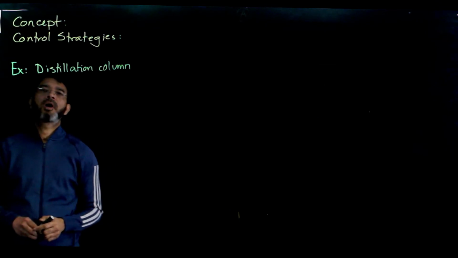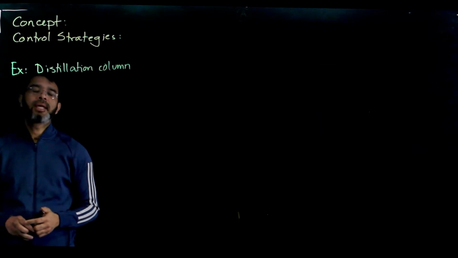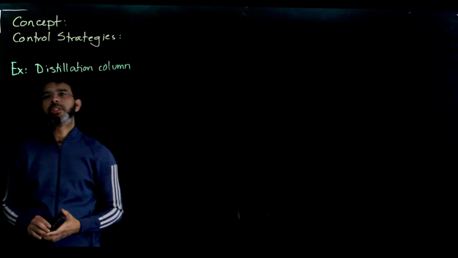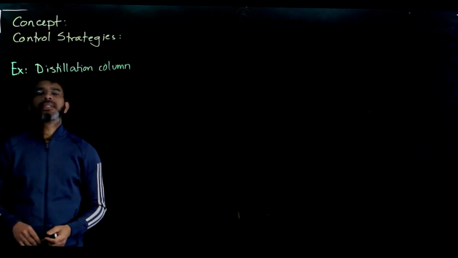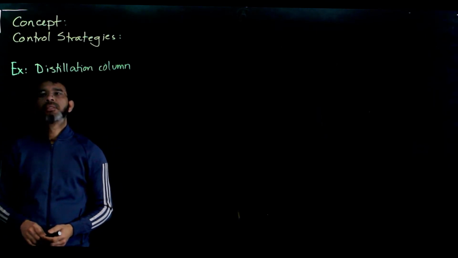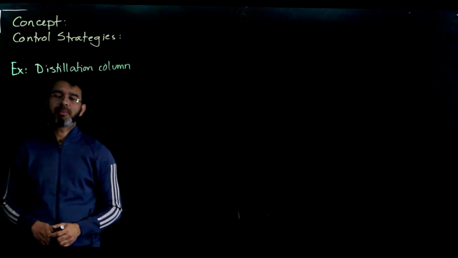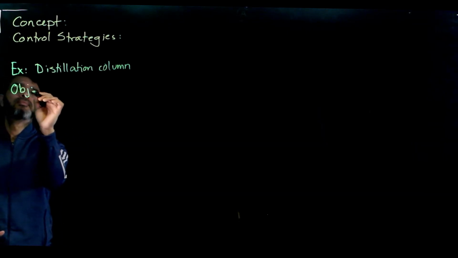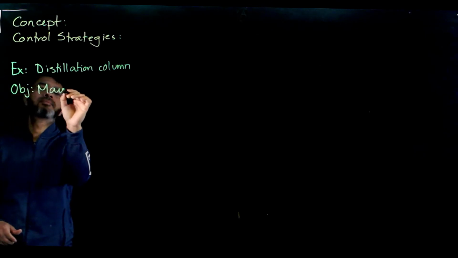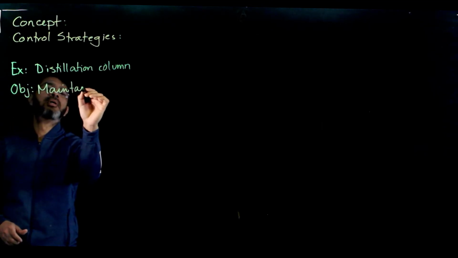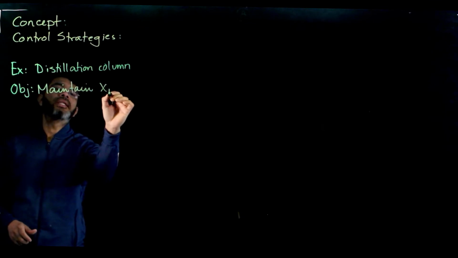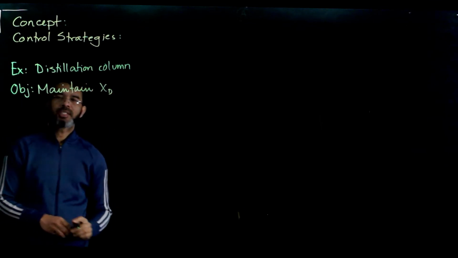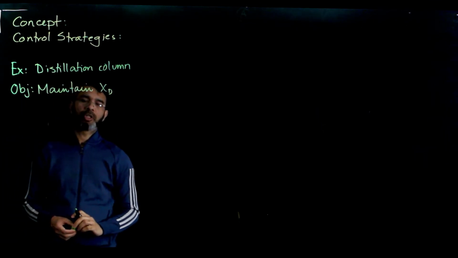Suppose one problem is that you want to maintain the top composition. As I said, each control problem starts with the objective. So for this case, suppose the objective is to maintain XD, the top composition.